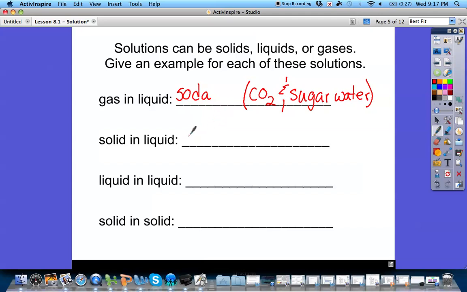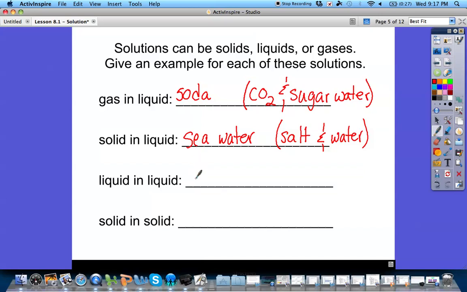A solid and a liquid. An example of this would be seawater. So the solid that is dissolved is the salt, and the liquid is water. And then a liquid and a liquid.